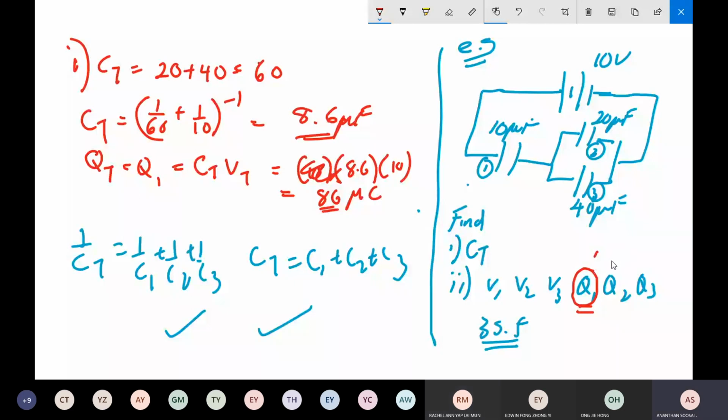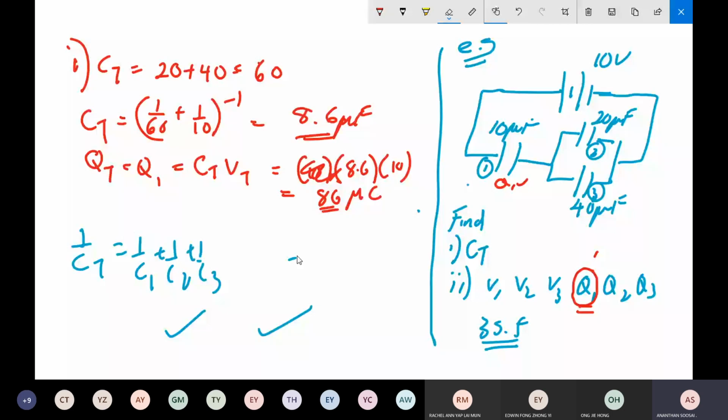After Q1, what can you find? V1, V2, V3, Q2, Q3, which one? We know the Q1 already. This is same as V equals IR.